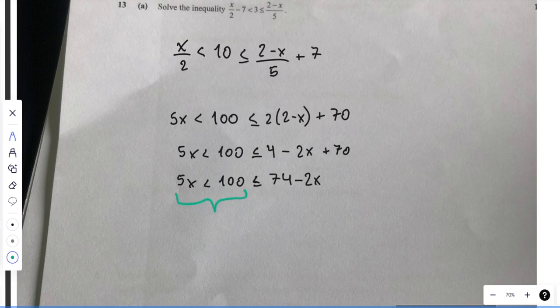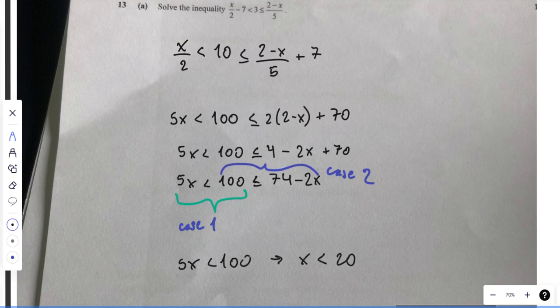We have case 1 right there, and we have case 2 right there. Right, this first one, 5x less than 100, just means that x has to be less than 20.